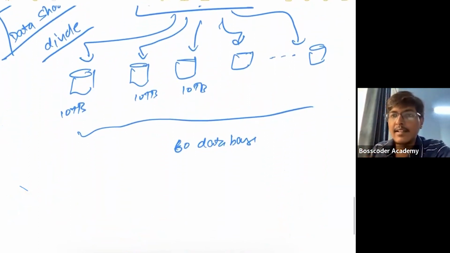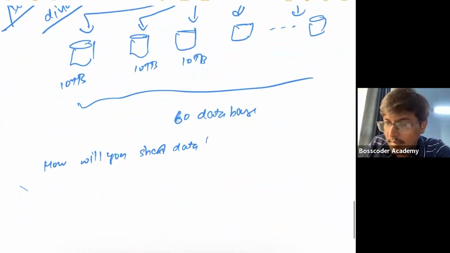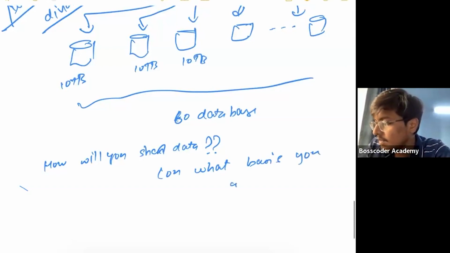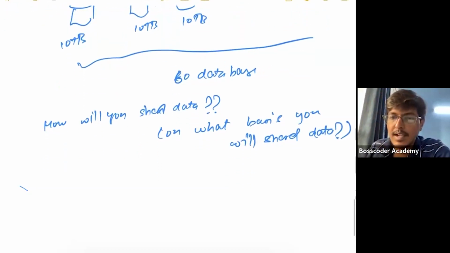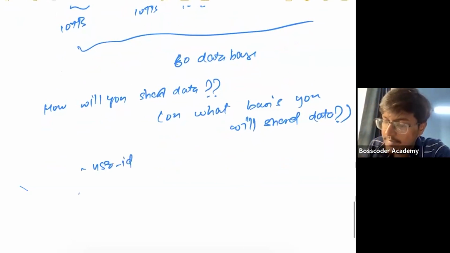Right? This is clear. Now tell me, how will you shard data? On what basis will you shard data? Okay, someone is saying I will shard based on user ID.